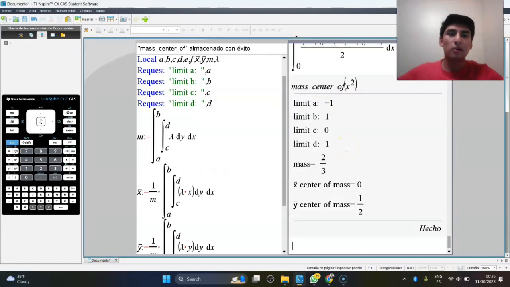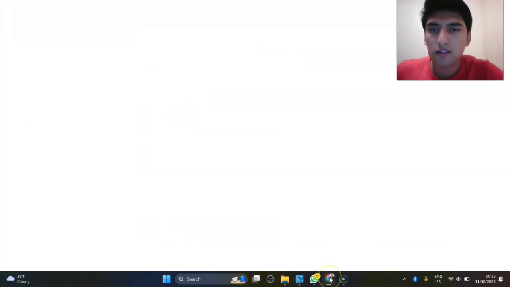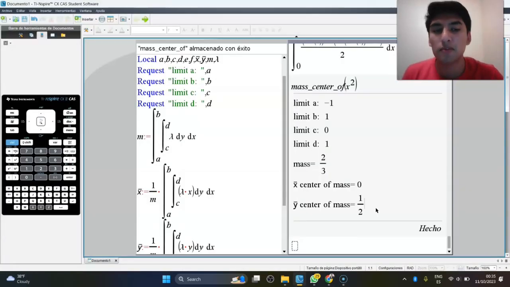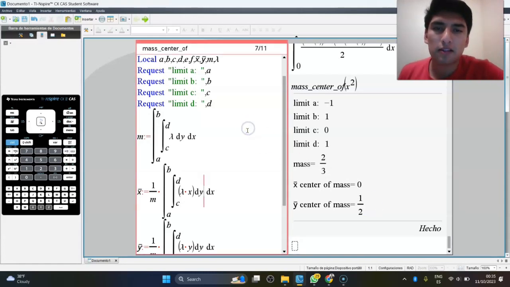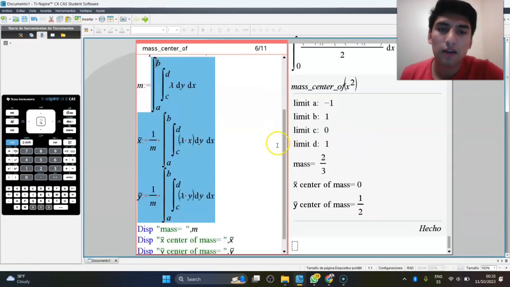So my problem is solved. My mass is 2/3, the center of mass with respect to x is 0, and with respect to y is 1/2. We can use this program to solve problems with basic shapes or parabolas or basic things.